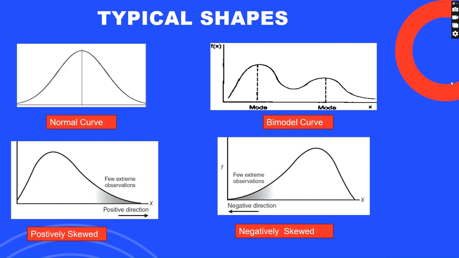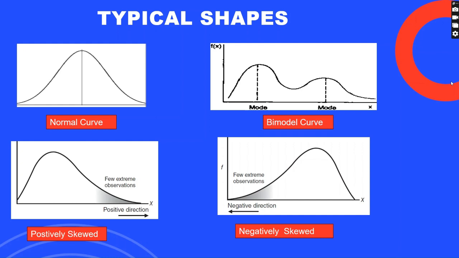Then, the types of shapes. In a normal curve, we start with the lowest, rise to the peak, and then reduce. In a bimodal curve, we have two peak values. The peak values need not be equal, but there are two peak values near each other. That we can call a bimodal curve.